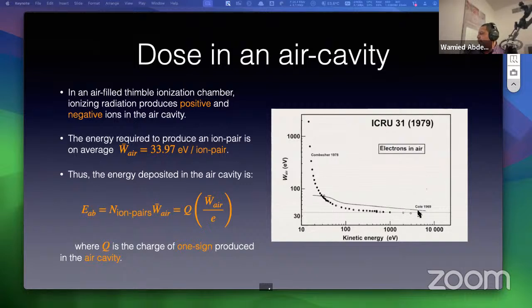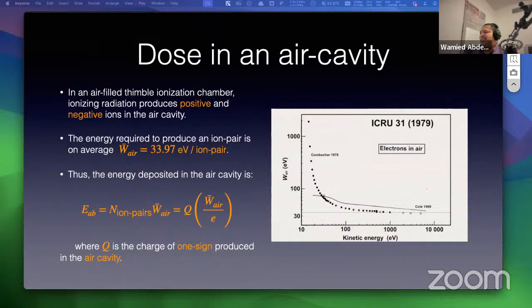This is a plot of the W. It's essentially constant here, about 33.97, unless the electrons have a very, very low energy, and then the amount needed to produce an ion pair is, on average, going to be higher. Think about it: if an electron has a low energy, it cannot easily ionize air.